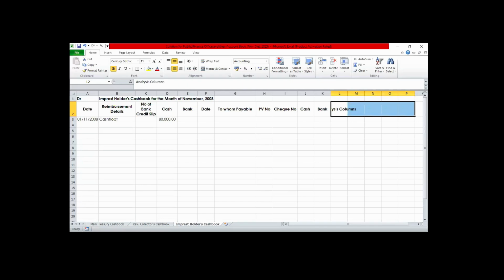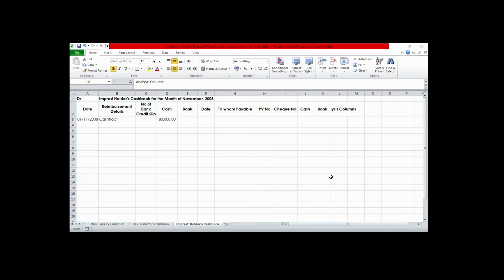Is it 5? Yes. We have what we call the motor vehicle expenses, postage and stationery, office entertainment, sundry expenses, and ledger column. Yes. We need to create that now.